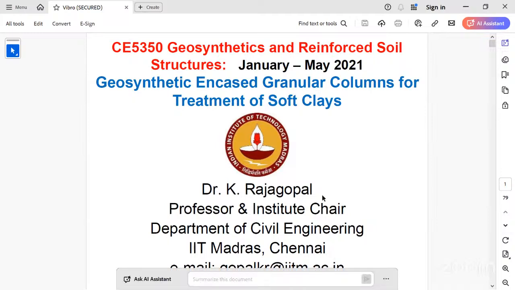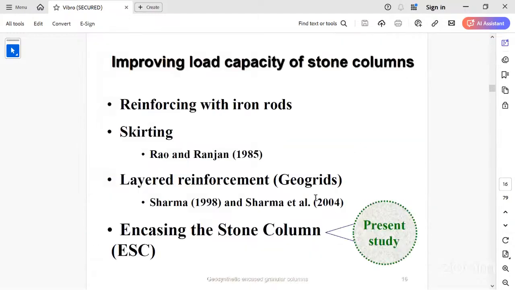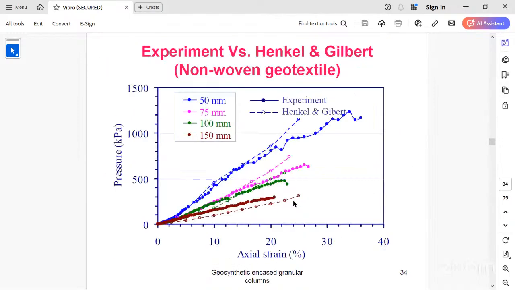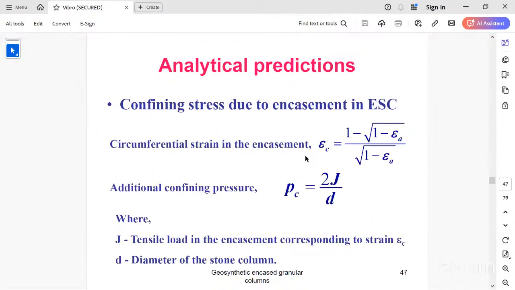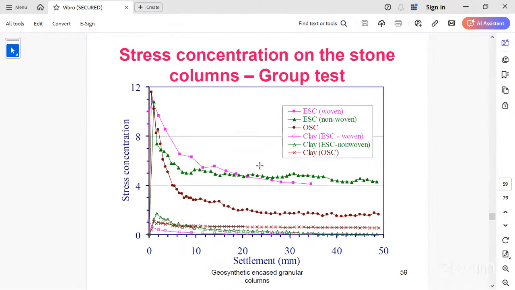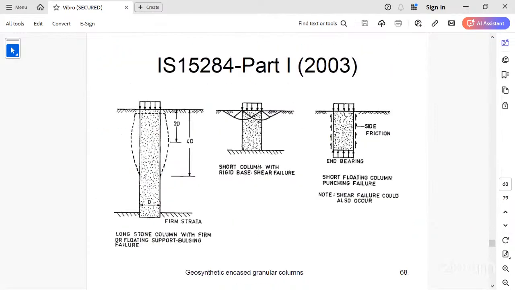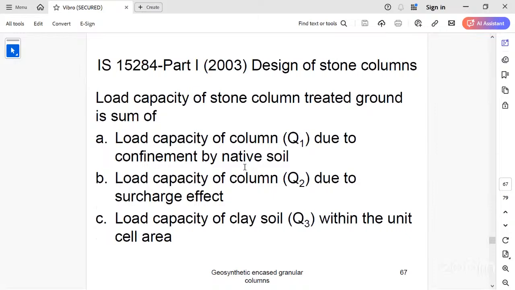Yes, sir. Okay, right. Let me just go to the particular slide. So are you referring to this load capacity of column? Yes, sir.